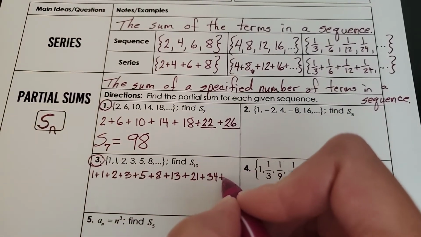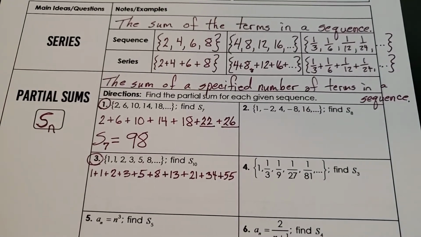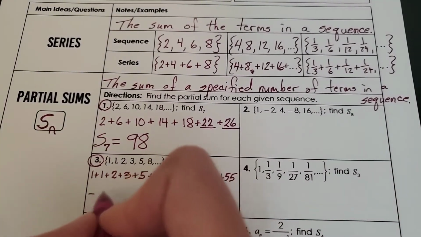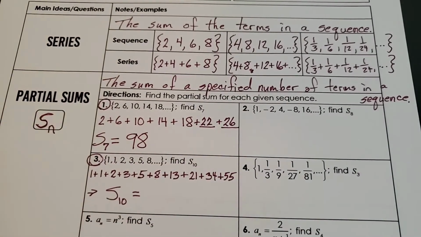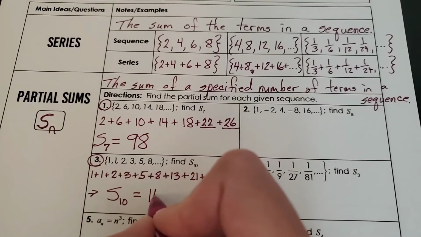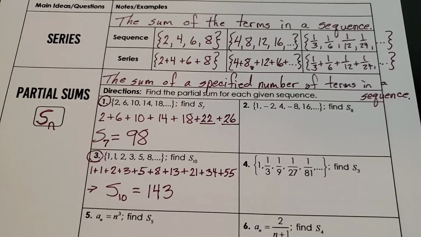I need one more. Plus 55. That's going to be my partial sum, S sub 10. If I add all of those together, that gives me 143. There's my partial sum.